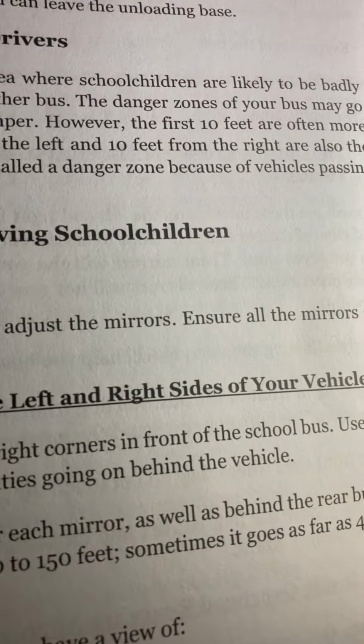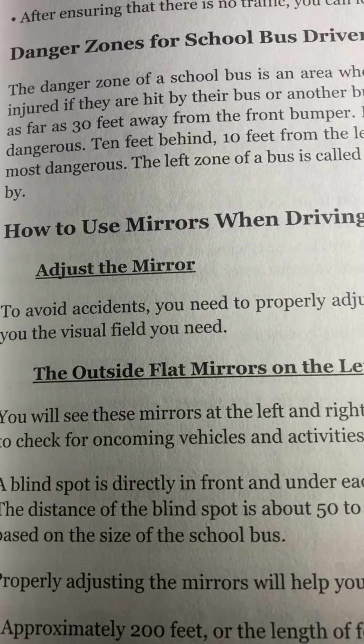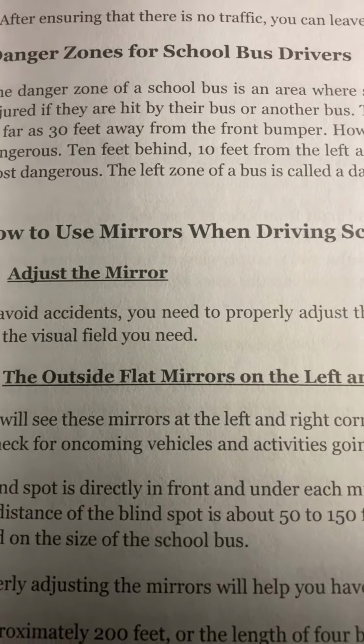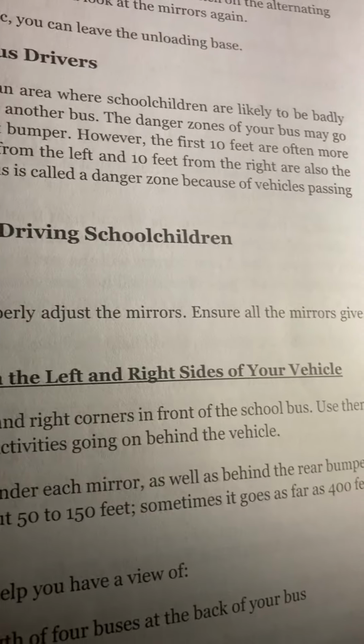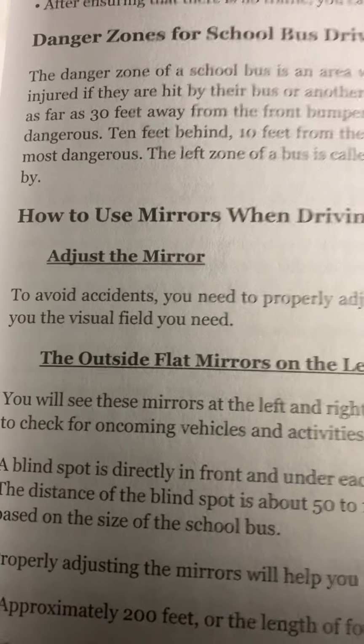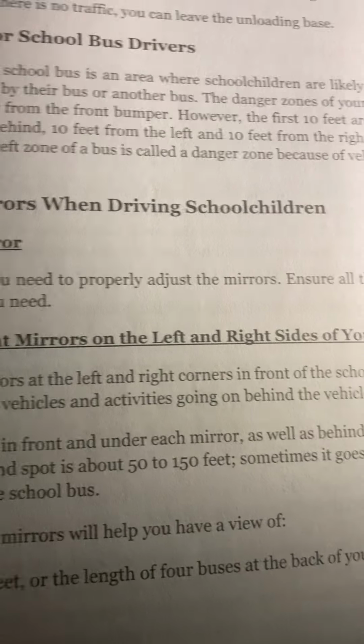However, the first 10 feet are often more dangerous. 10 feet behind, 10 feet from the left, and 10 feet from the right are also the most dangerous. The left zone of a bus is called a danger zone because of vehicles passing by.